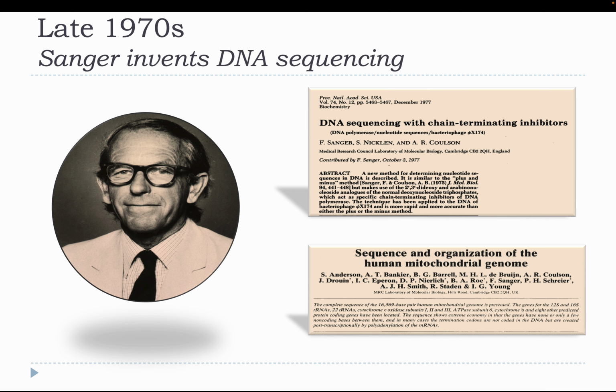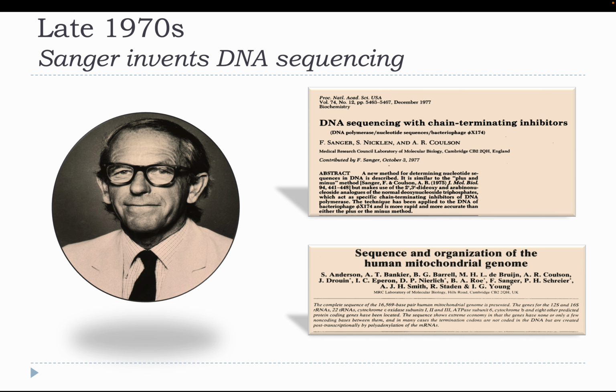In the late 70s, basically, we put our foot on the accelerator because Fred Sanger, another person who got 2 Nobel Prizes, actually invented DNA sequencing. He invented a form of DNA sequencing that took off. There were others who had invented other forms of DNA sequencing that didn't take off. But this rather humble Englishman who worked in Cambridge came up with the idea of DNA sequencing with chain-terminating inhibitors.